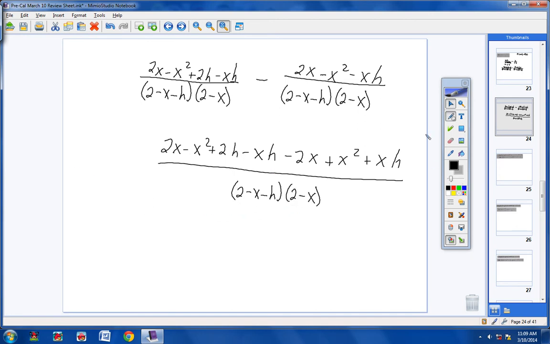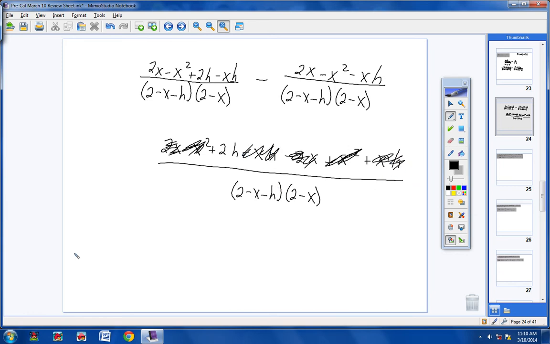Now notice all of these signs up here changed because of this negative sign right here. Now let's cross off. I've got a 2x and a negative 2x. I've got a negative x squared and a positive x squared, a negative xh and a positive xh.